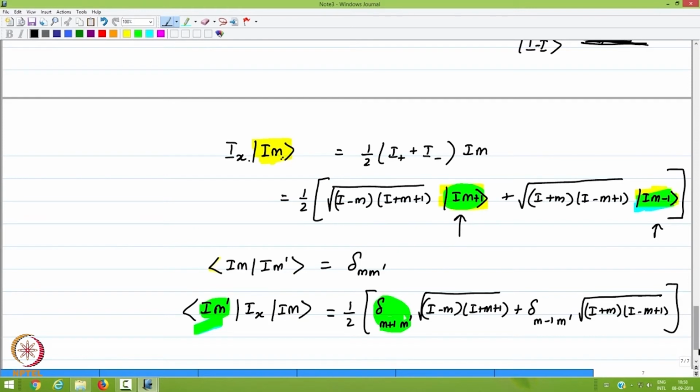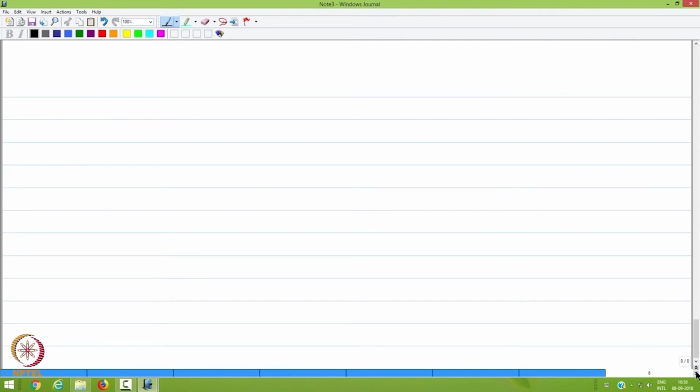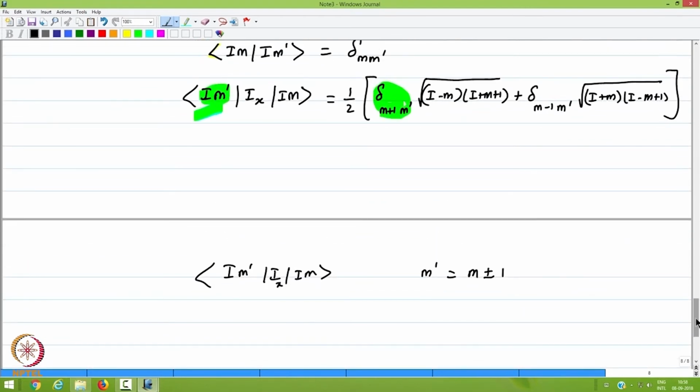So, the matrix elements of this quantity Ix, if I have to write the general operator Im prime Ix Im, the matrix elements of this operator Ix are non-zero, provided m prime is equal to m plus or minus 1. Those are the only two possibilities. If m prime is equal to m plus 1, this is the matrix element. If m prime is equal to m minus 1, this is the matrix element.